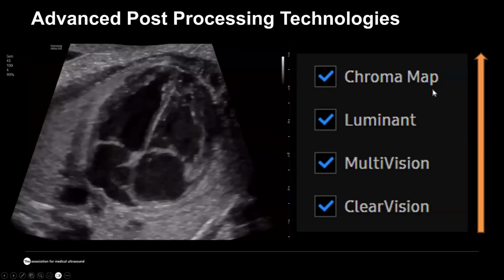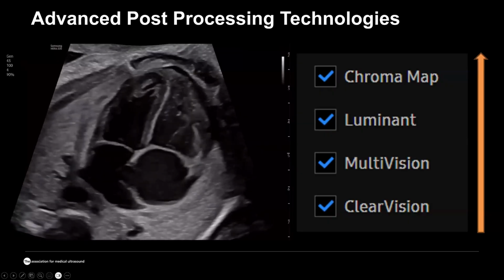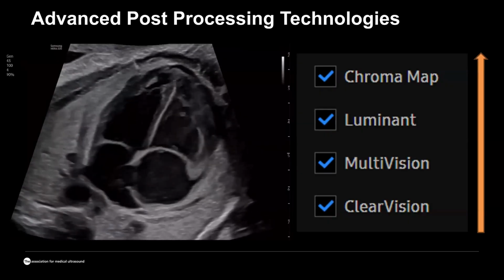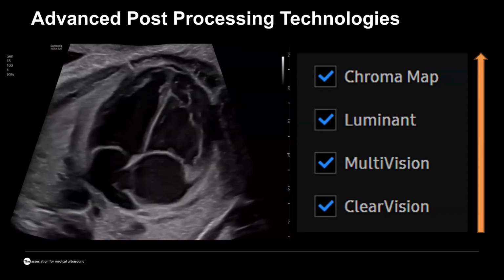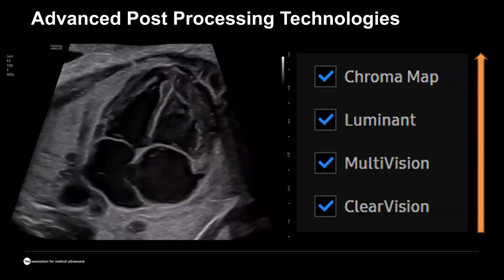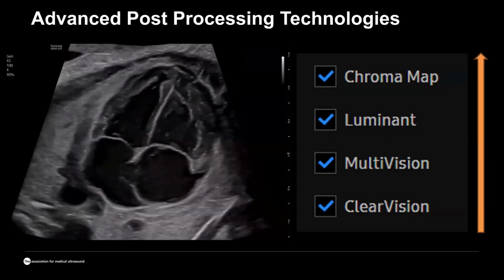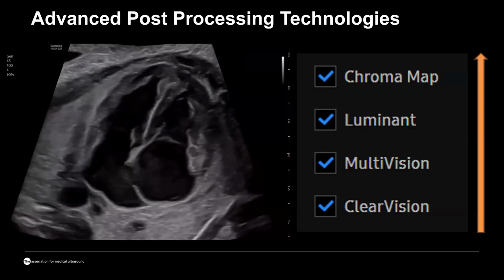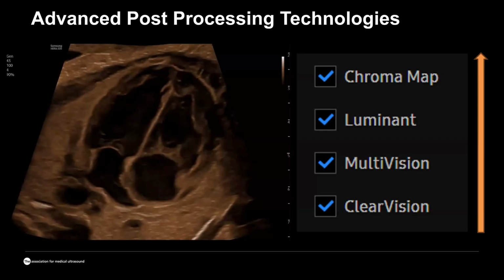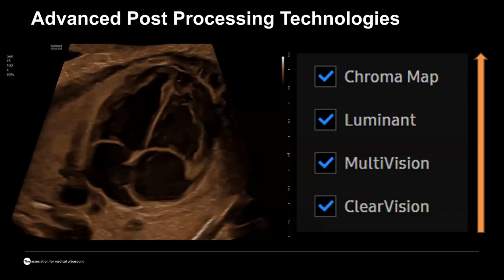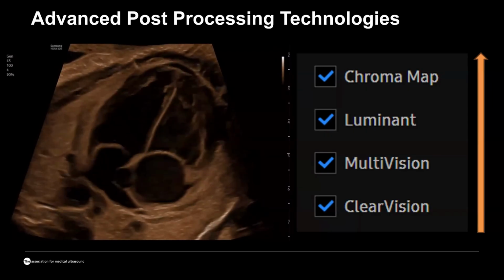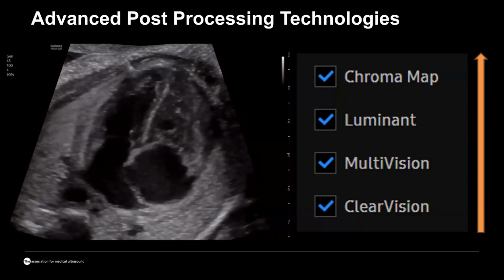And finally, we can apply the Chroma Map, and this also helps us to improve the resolution and the imaging, because we can recognize the shades of color much better than the shades of gray. So pushing just basically 4 buttons on the touch screen, you can improve your image dramatically.